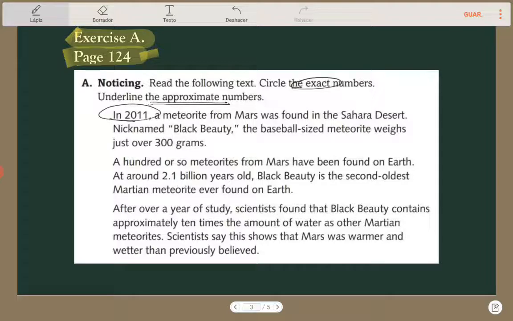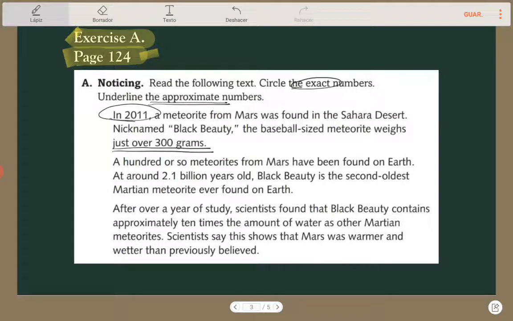We continue. The baseball-sized meteorite weighs just over 300 grams. Here it says just over, so it's not exactly 300 grams. So this is an approximate number, so we underline.